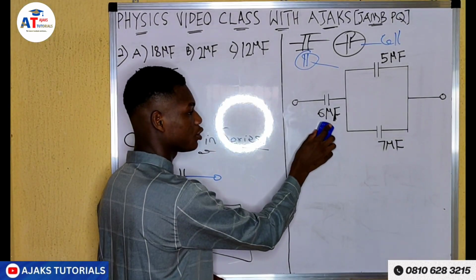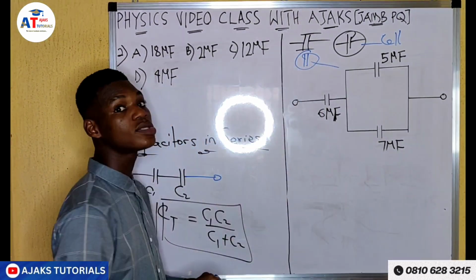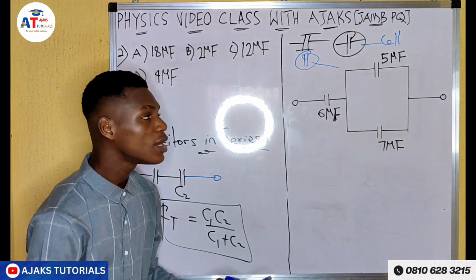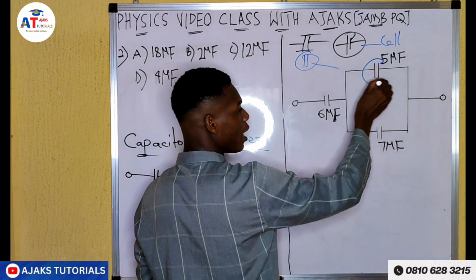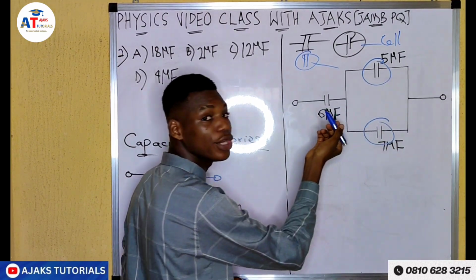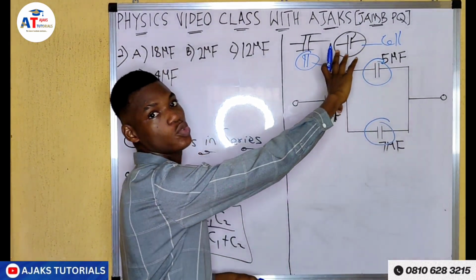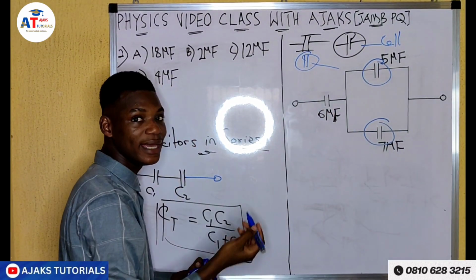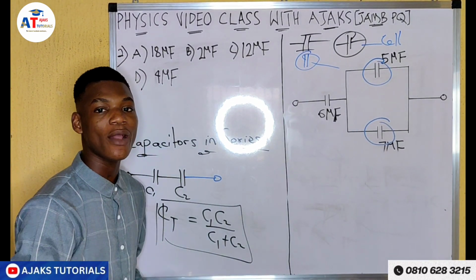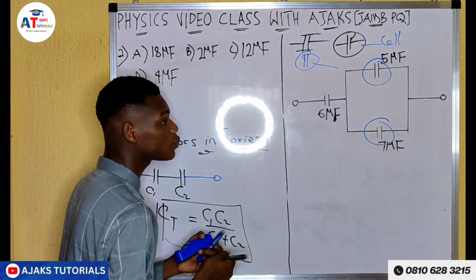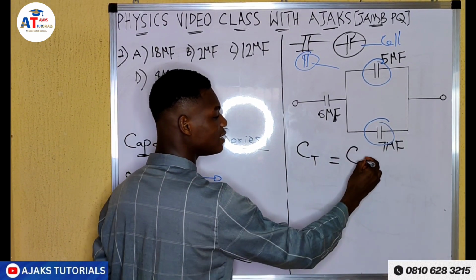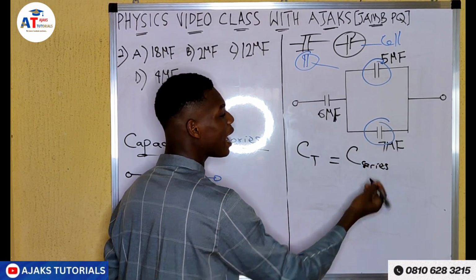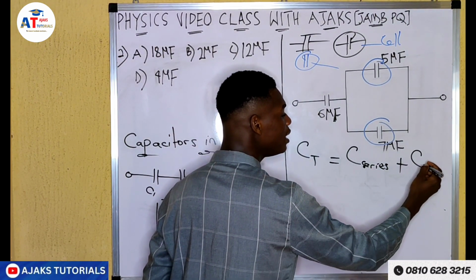Guys, let's dive into the question. Now we have this kind of circuit. This is called a combined circuit, because we can see two capacitors in parallel connection, this one and this one, and then the parallel connection of these two capacitors is in series with this one. So the effective or equivalent capacitance C total is going to be the capacitance in series added with the capacitance in parallel connection.